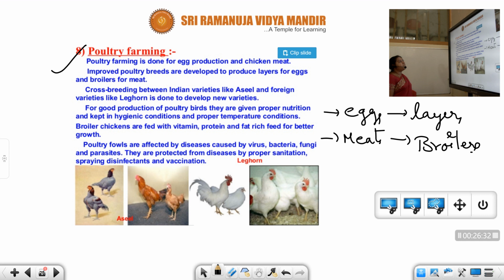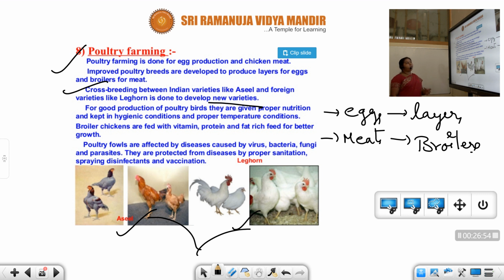Improved poultry breeds are developed by crossbreeding between Indian varieties like Asil and foreign varieties like Leghorn to develop new varieties. Asil is the Indian variety, Leghorn is the foreign variety. The crossbreed between both gives the hybrid, which has the good characteristics of both.